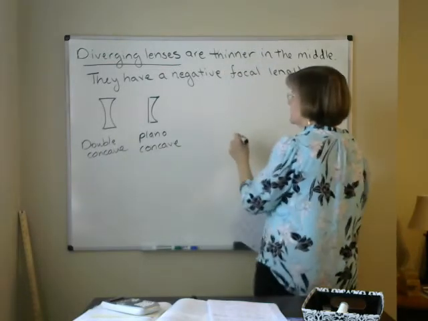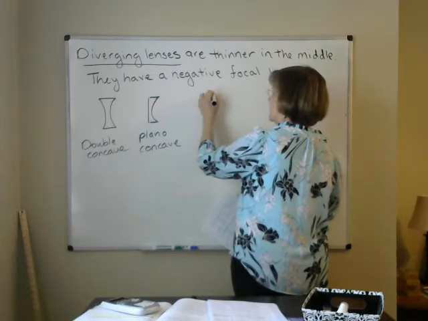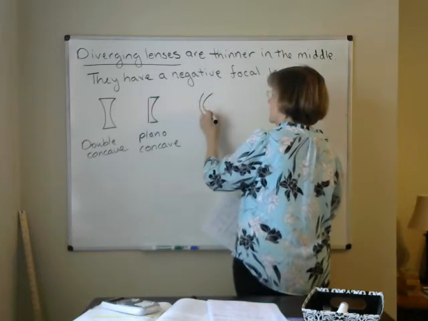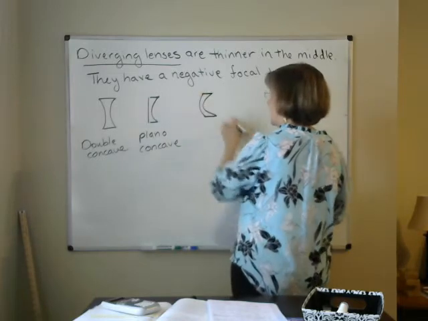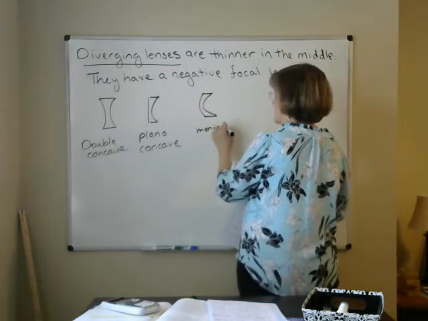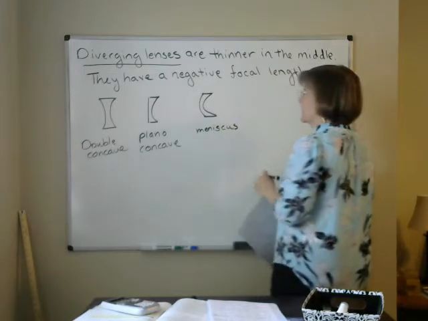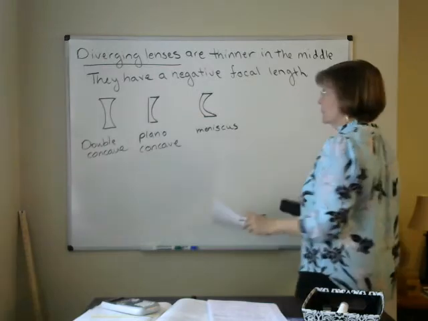And it can also be a meniscus where both surfaces are curved. But you'll see how this side is flatter than that, so that is a meniscus. Okay, so that's what some of them might look like in terms of shape.